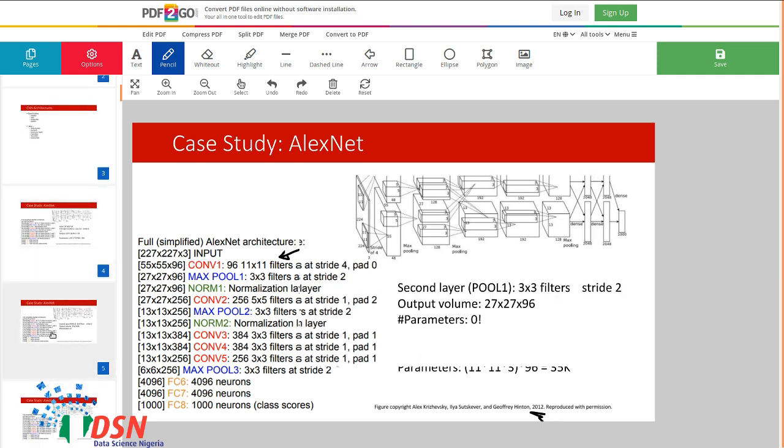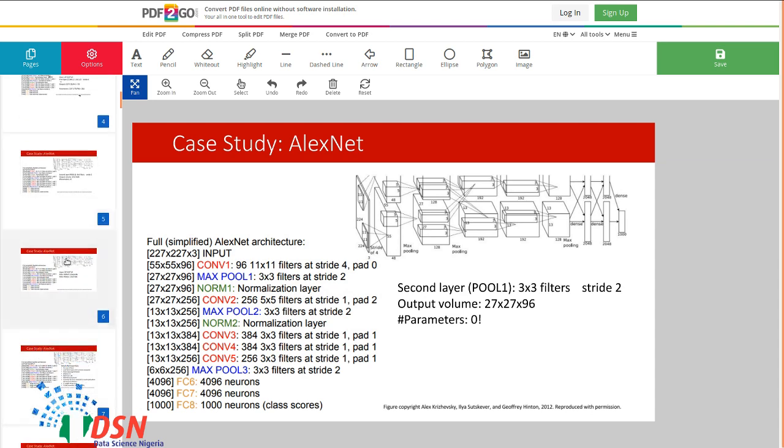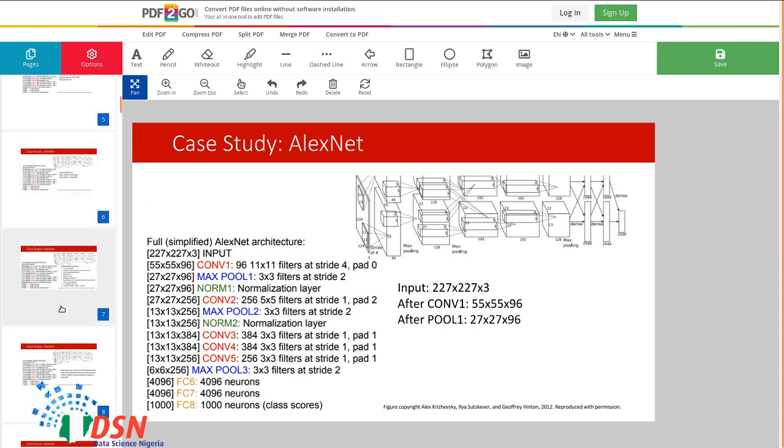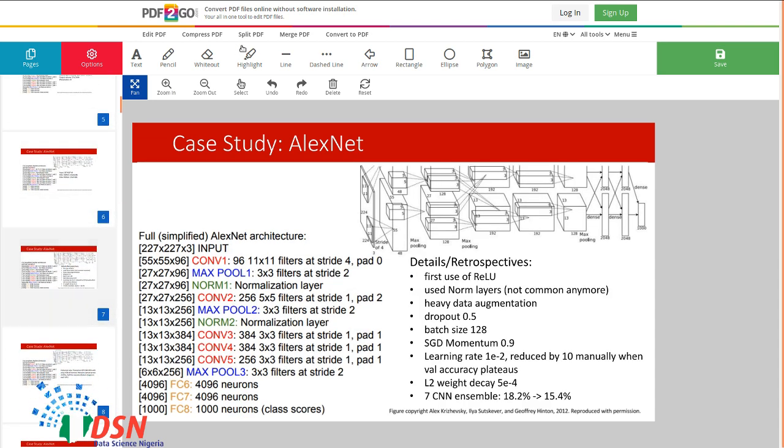And let's see some of the important details of this network. The first thing is that AlexNet was the first neural network that used ReLU as the activation function. And it used norm layers, but not batch normalization.